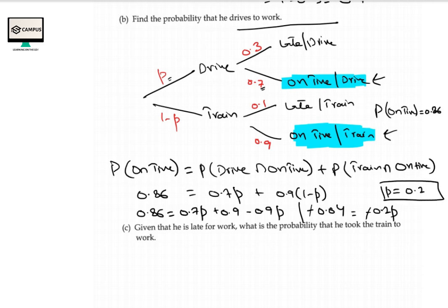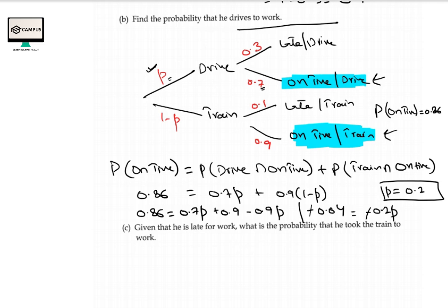So the probability that he drives to work is 0.2, which we have defined above as this small p. All right. So if the probability that he drives to work is 0.2, then the probability that he takes the train is obviously 0.8, or 1 minus p.